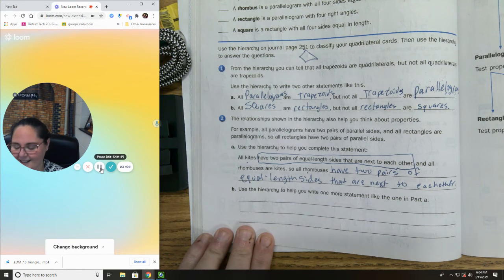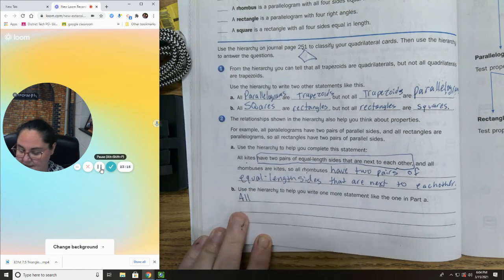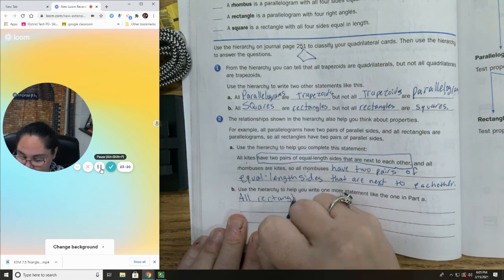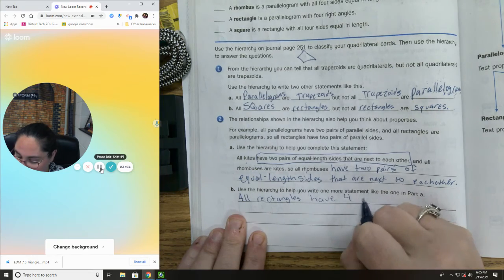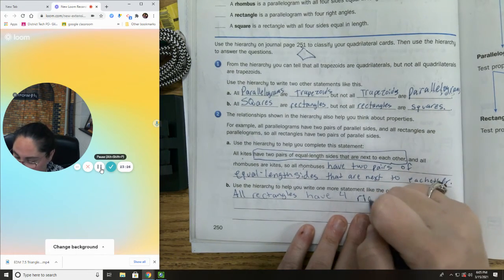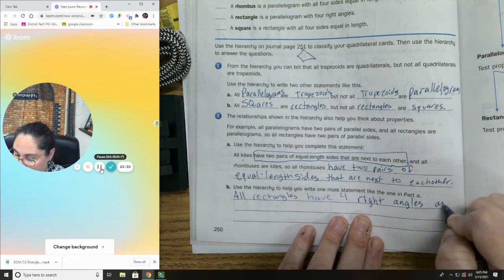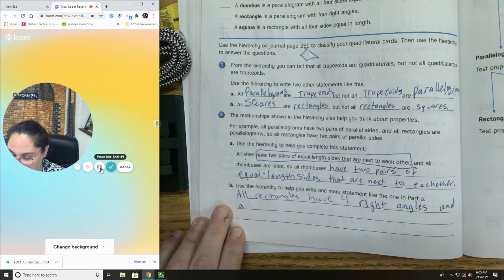All right, so I'm going to give you one, and you have to write the next part of it, okay? So all rectangles have 4 right angles.